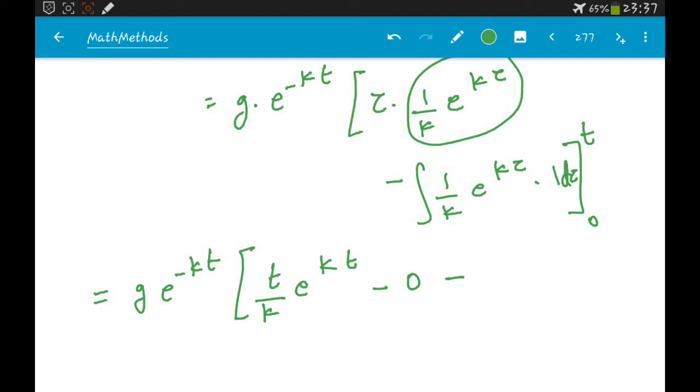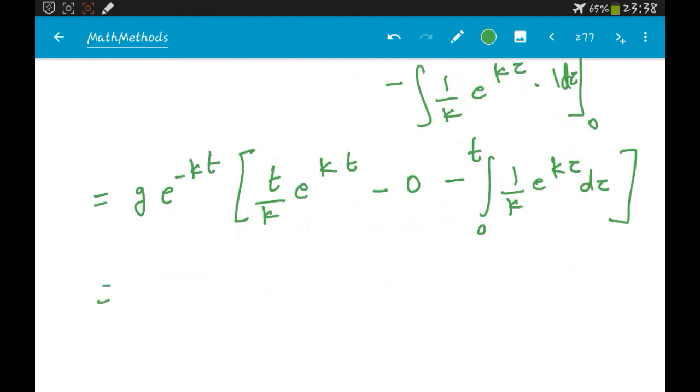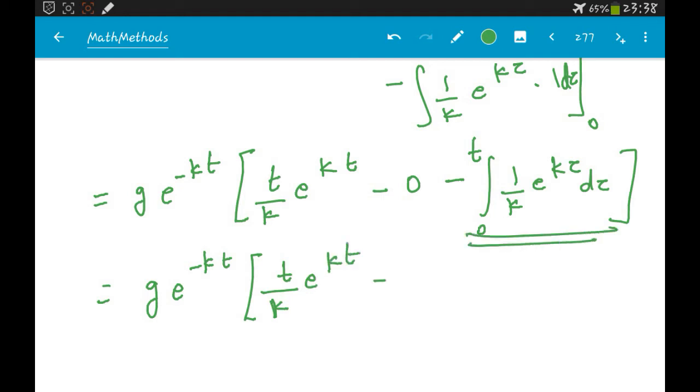Minus 0 because you are also substituting 0 here, and then you have 0 to t 1 by k e power k tau d tau. Okay, so this is going to be g e power minus kt t by k e power kt minus, now we have to solve this integral, right? So we can do it by 1 by k square e power k tau going from 0 to t.